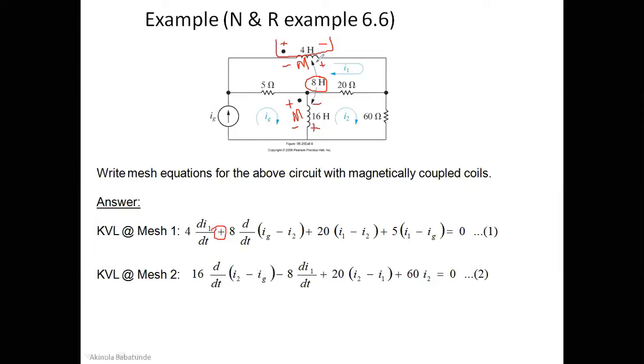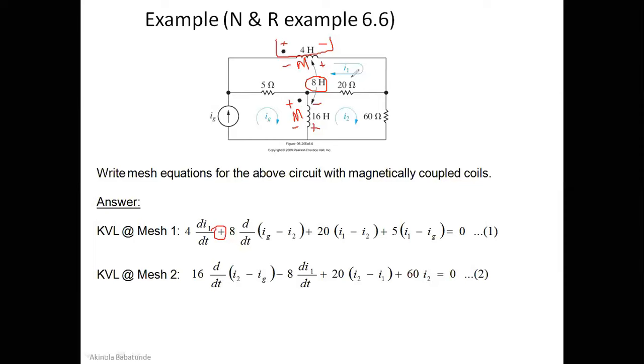So the flow of current passing through M will be I1. I1 is just going to be I1. So I1 passing through M. The mutual inductance is 8 for both of them, but the polarity now will be determined by this current passing through here. So it becomes minus 8 di I1 dt.